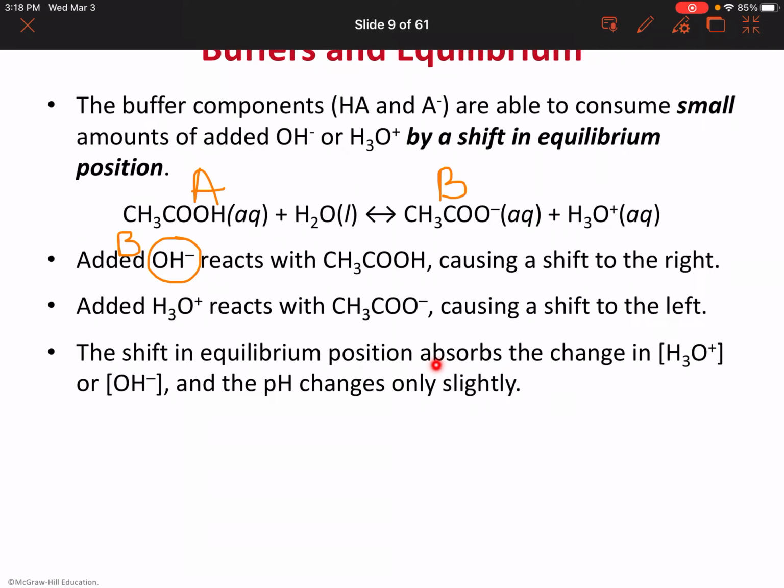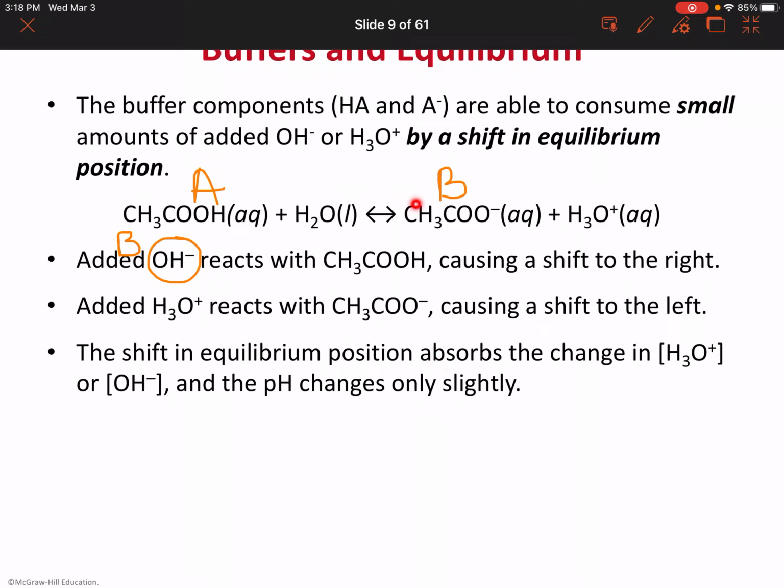Okay, whereas if you have a solution without a buffer, like hydrochloric acid, it's going to completely react and dissociate to H plus and Cl minus. Those are not conjugate acid-base pairs, and those are not in equilibrium either. So if you add an acid or a base, there are no components to react in a normal acid or a normal base.